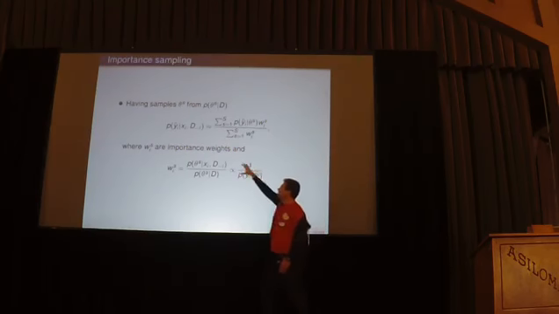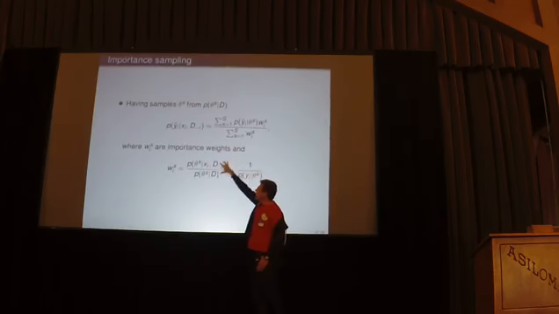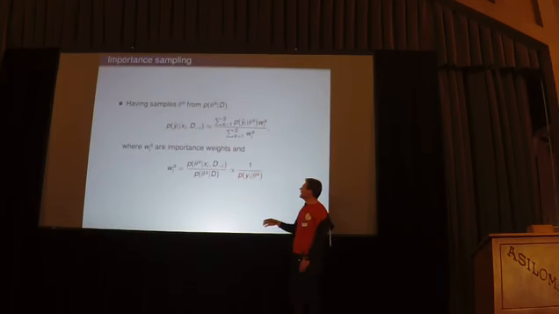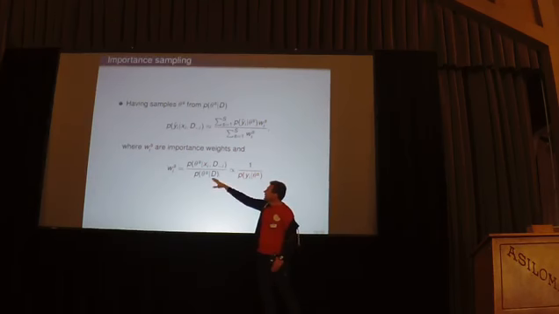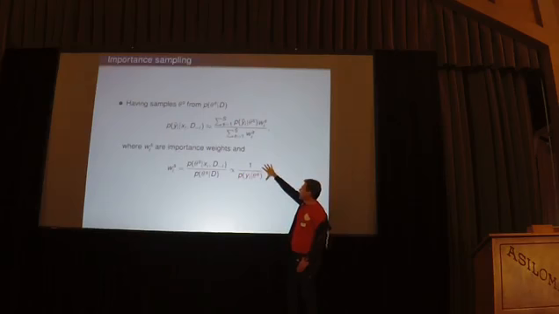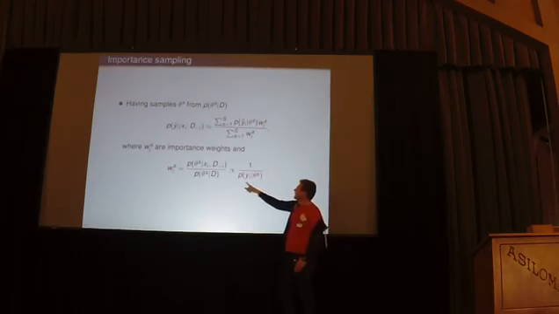Now, these terms directly include the normalization term. But it turns out that we don't need to know the normalization terms, which we don't have easily, because the weight is proportional to this term, which is just one over the likelihood term. So this is the likelihood term y_i given one draw from the posterior.